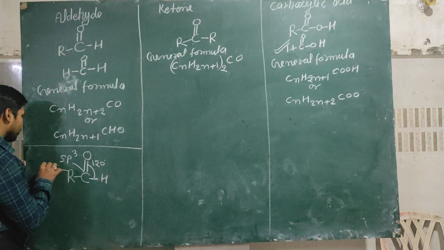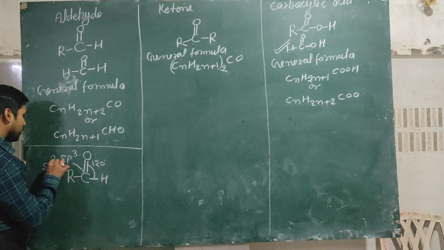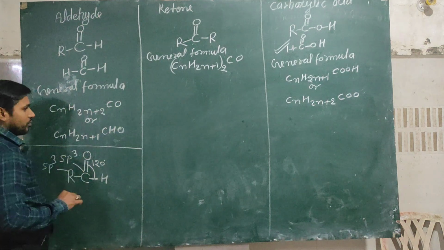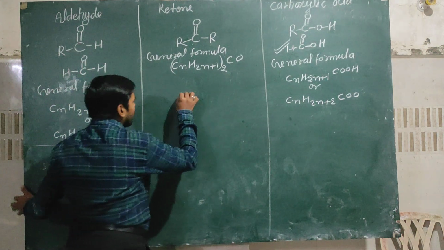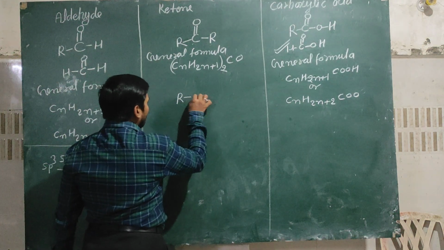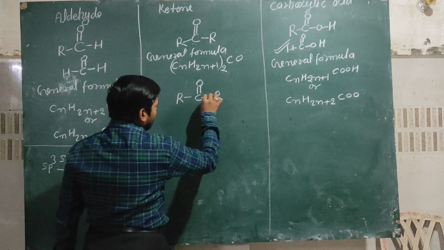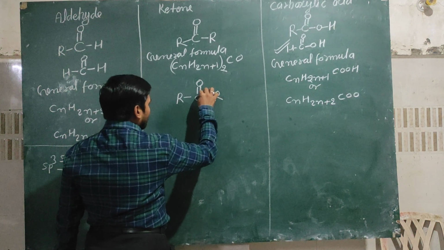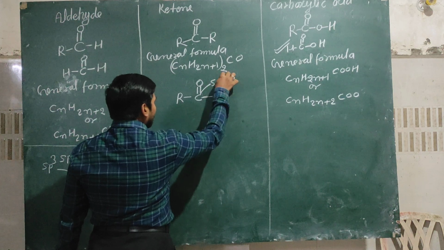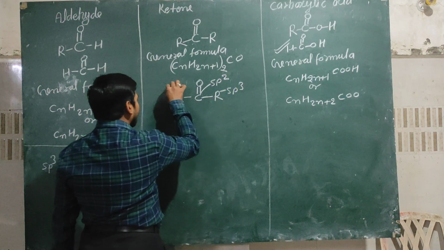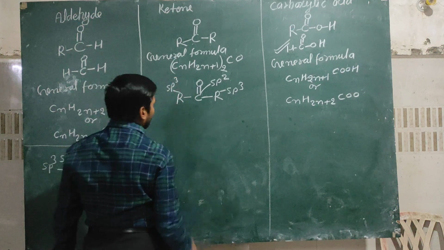This carbon also contains sp2 hybridization. In case of ketone where R C double bond O R is present, then the hybridization is sp2, sp3 and sp3.